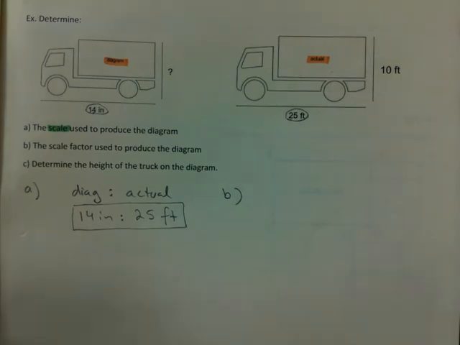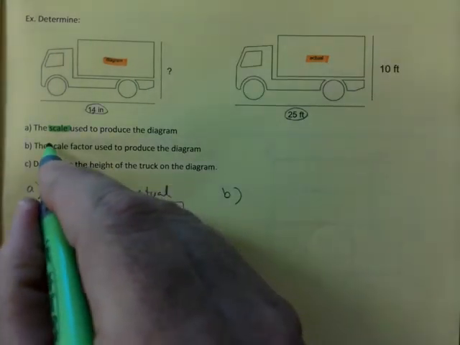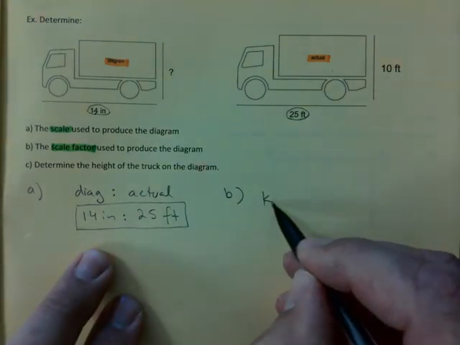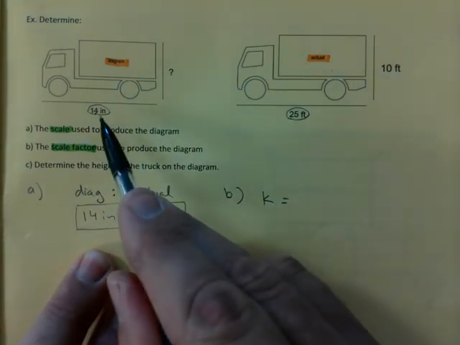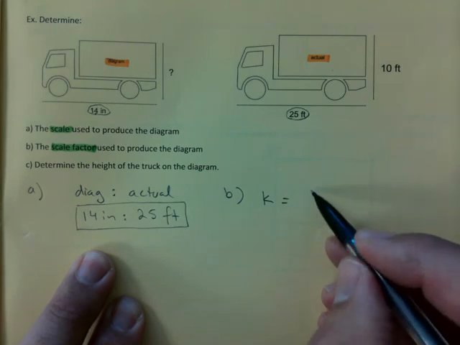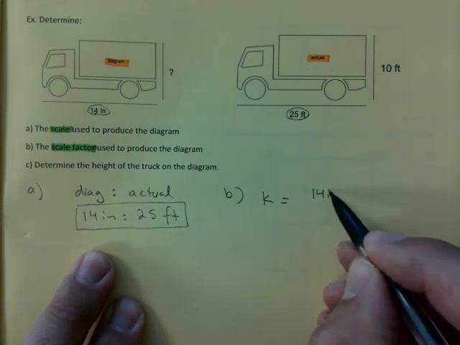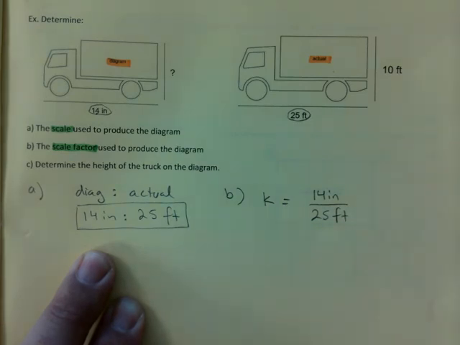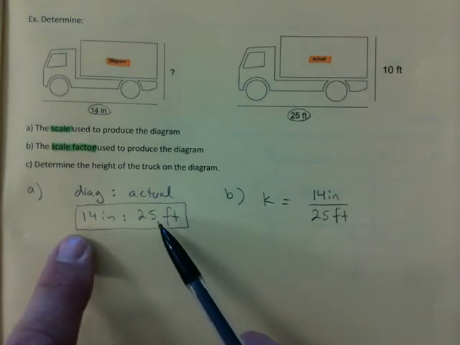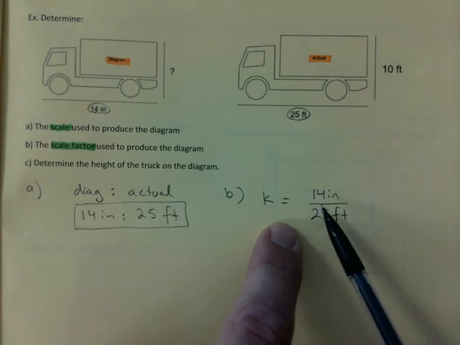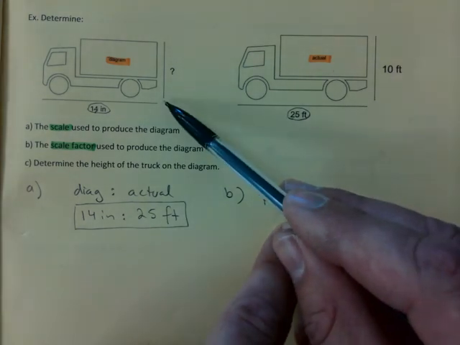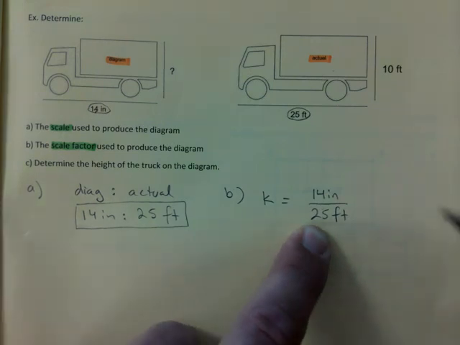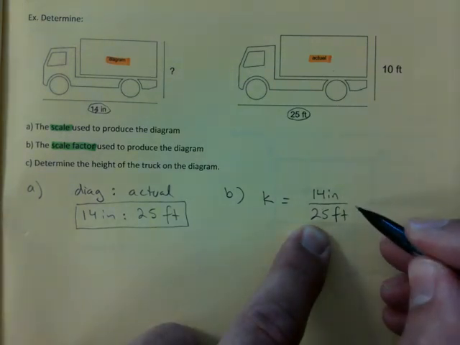Scale factor used to produce the diagram. So I'm going to go like this. The two sides that are known to me are already here. This is all connected, guys. Every single thing here is connected. Because I could have just looked at my scale, boom, come up with that. I happen to go back to the diagram and the actual here and just plug it in. I can't have that, right?